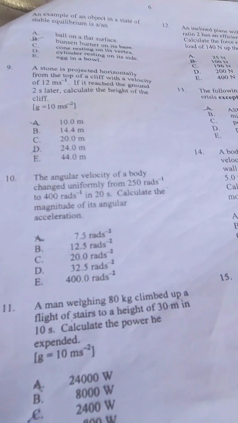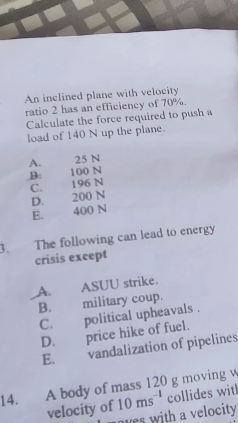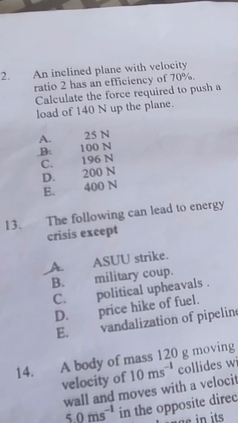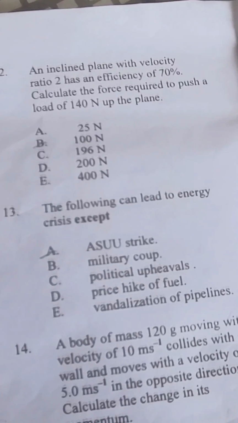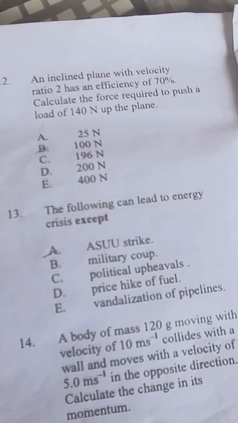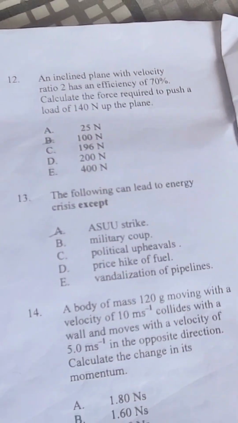Okay, looking at question number 12 here. An inclined plane with velocity ratio 2 has an efficiency of 70%. Calculate the force required to push a load of 140 Newton up the plane. So the force means effort. We are asked to look for effort.